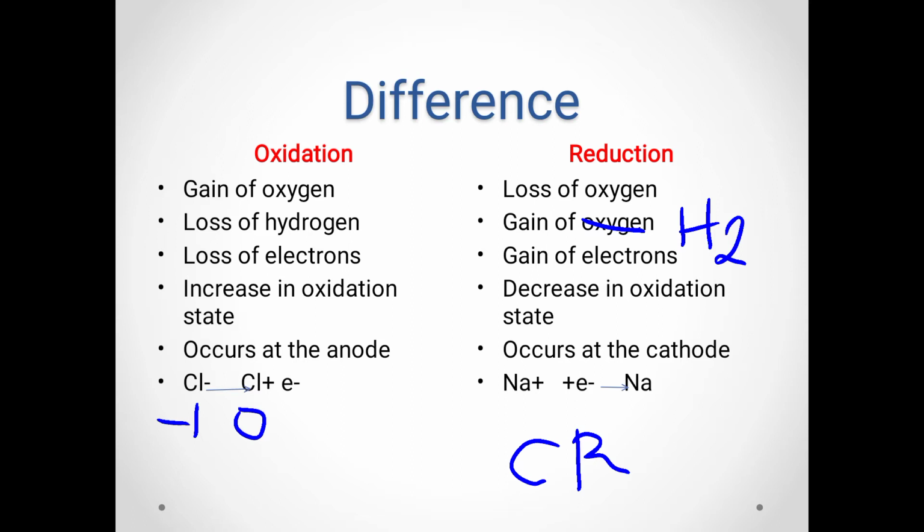Whereas in the case of reduction, there is a decrease in the oxidation state, which you can see like Na plus, it is in the +1 state. But when it undergoes reduction, you see that the oxidation state becomes 0. So in reduction, there is a decrease in the oxidation state, but in oxidation, there is an increase in the oxidation state.